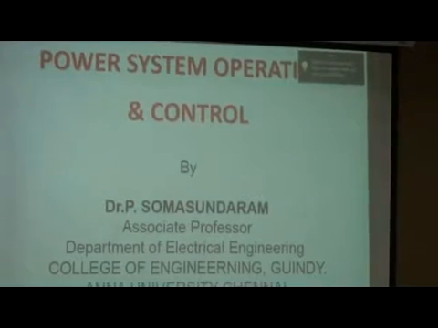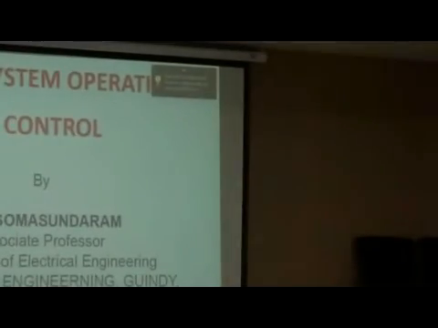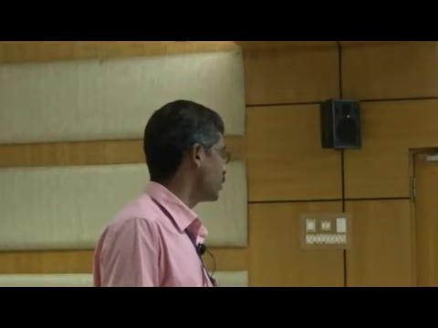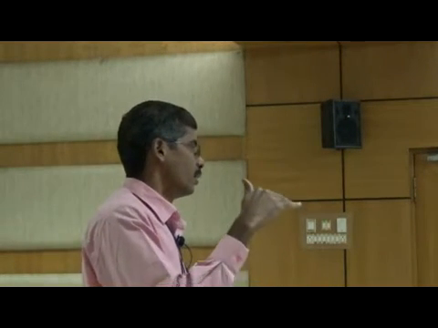You have to see what are the possible combinations of sources to feed this load. Possible combination in the sense, for example, if you are clubbing all the 3 institutions, assume that the peak load is about some 40 kilowatts, and the minimum load on these 3 campuses is about some 4 kilowatts.